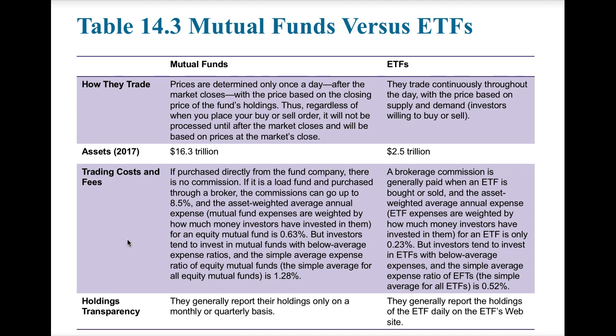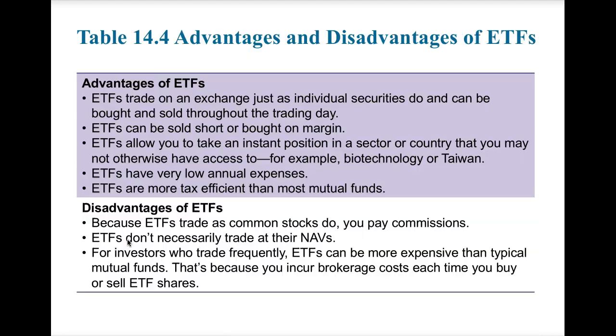With an ETF, there's a brokerage commission you have to pay like a stock when you trade the exchange traded shares, and the annual fees are much lower because they typically tend to be unmanaged. As far as transparency, the holdings are reported only on a monthly or quarterly basis with mutual funds, but with ETFs the holdings are made transparent on a daily basis, typically on their websites.